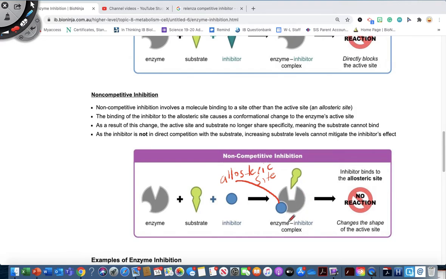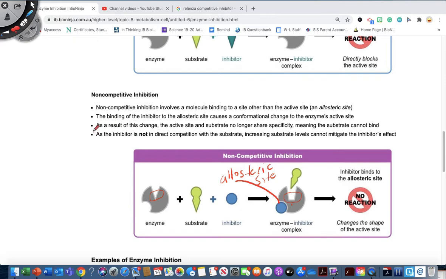The inhibition happens in the allosteric site. But once this inhibitor binds to the allosteric site of this enzyme, there is a conformational change of the active site. So look at what's happening to the active site. It used to look like this. Now it looks like this. So that means that the substrate cannot bind. So if the substrate can't bind, then you can't have the reaction take place. And that's it. The reaction stops, right?